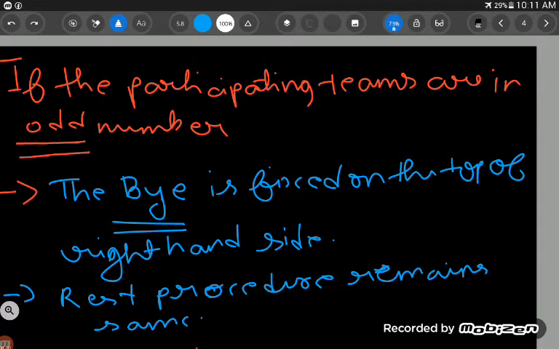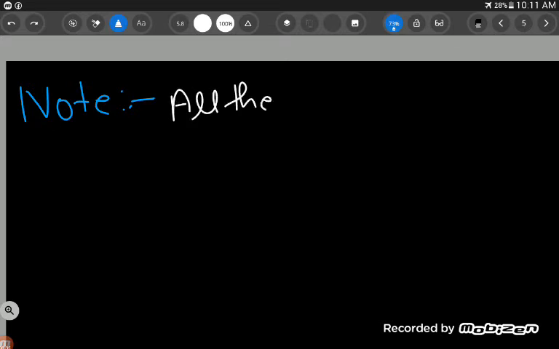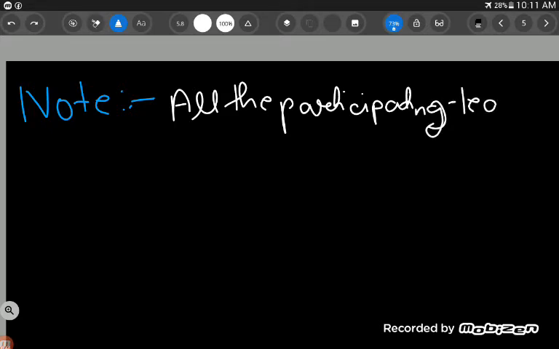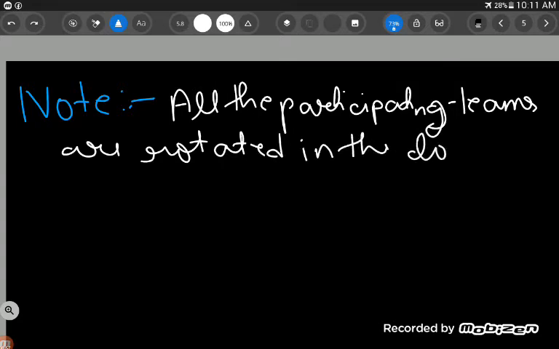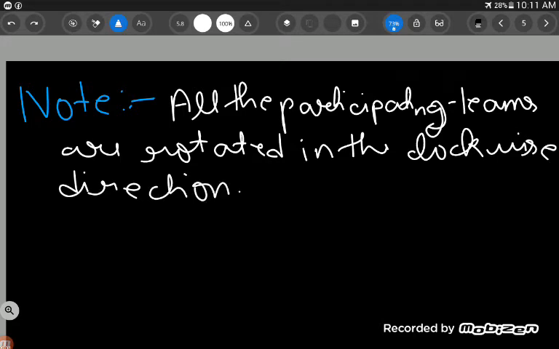Please note one important point. All the participating teams are rotated in the clockwise direction, except the fixed team and the bye, which will not rotate.